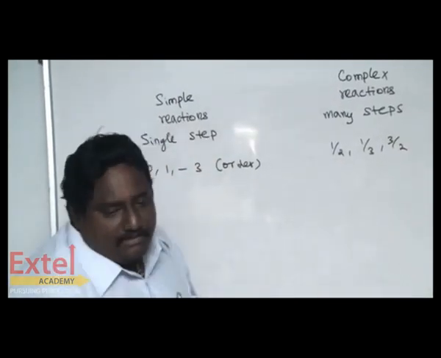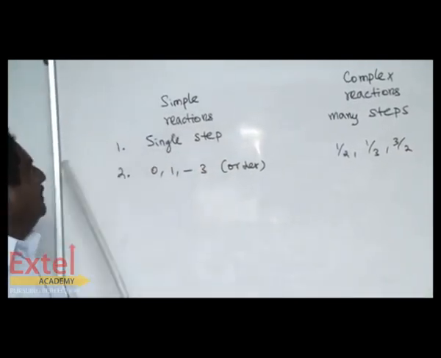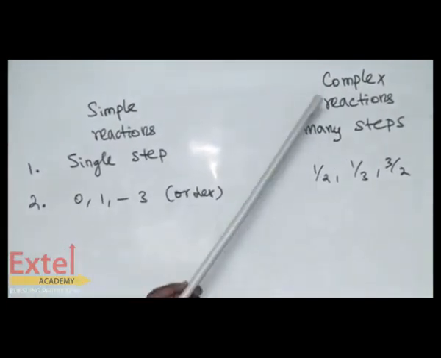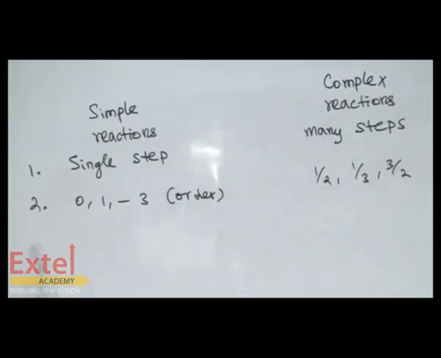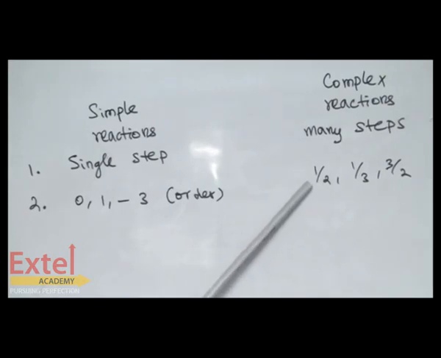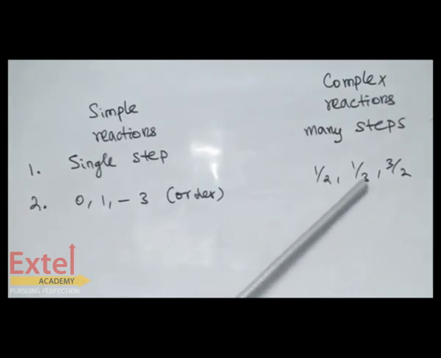What have we seen so far? Simple reactions are single step. Complex reactions are multi-steps. In simple reaction, order is 0 or 1 to 3. In complex reaction, it is 1 by 2, 1 by 3 or 3 by 2.